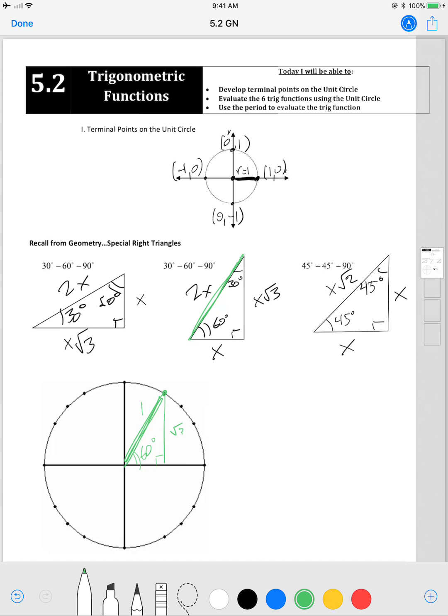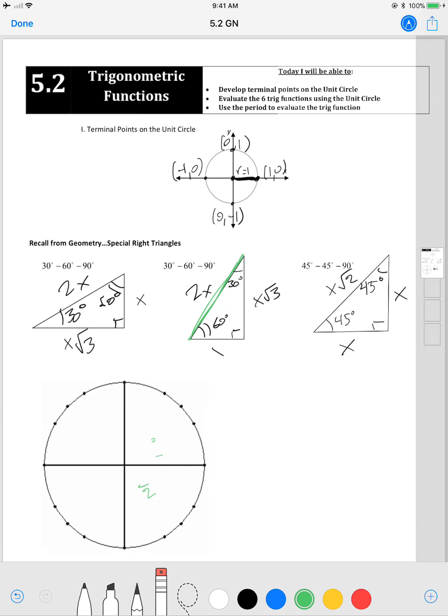And this side is the square root of 3 over 2. We just flipped it on its side, our special right triangle, and then this side is 1/2. So the coordinates of this point end up being 1/2 times the square root of 3, or 1/2 and the square root of 3 over 2. So that gives us those points.